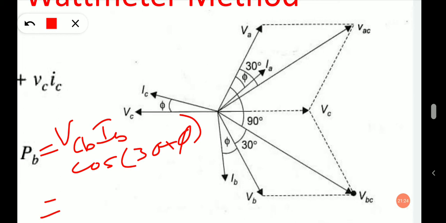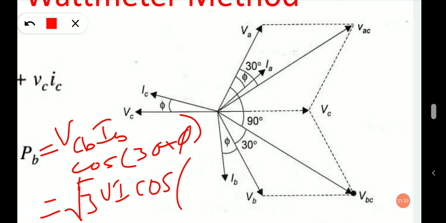Or we can write it as root 3 VI cos 30 plus phi.